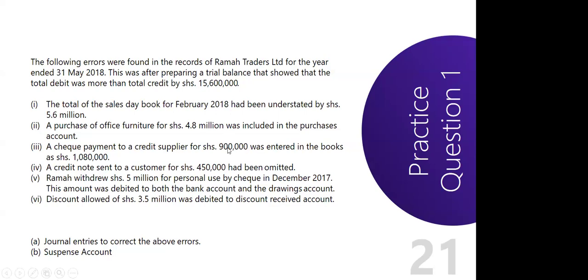So what is the difference between the 900,000 and 1,080,000? Quickly on our calculators, what is the difference between 900,000 and 1,080,000?